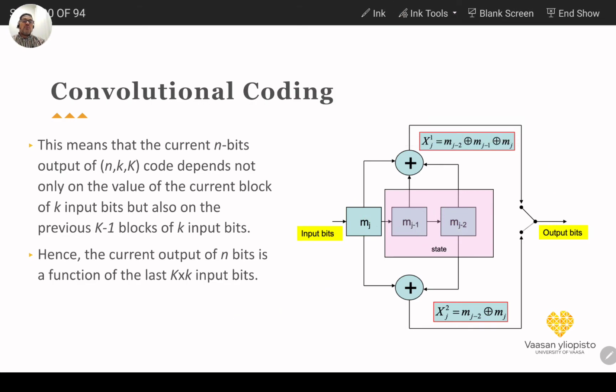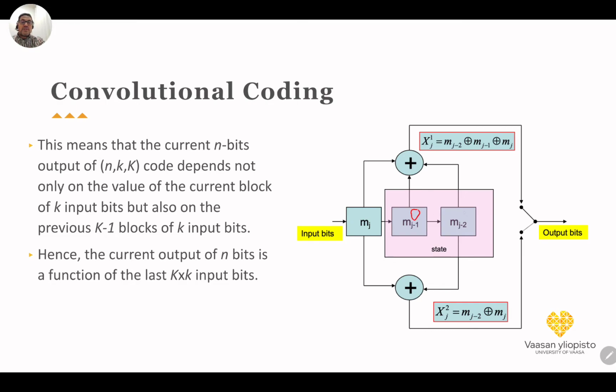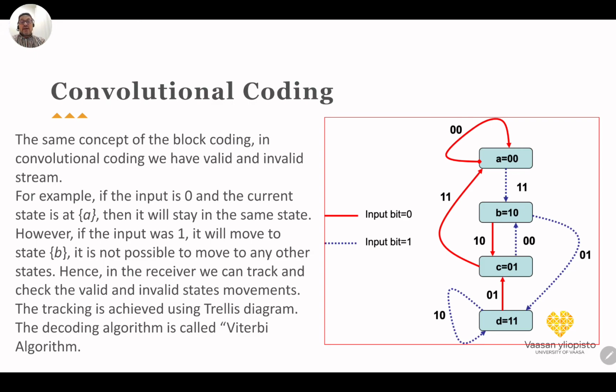So if we already have 0 0 in the beginning, and the input is 0, at the next clock this 0 will move here, and this 0 will move here, but the state is still 0 0. If the input is 1, at the next clock this one will move here, so we will go to 1 0. This can be easily represented in this finite state machine.